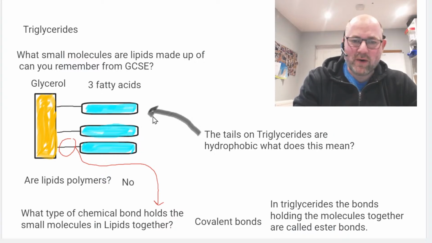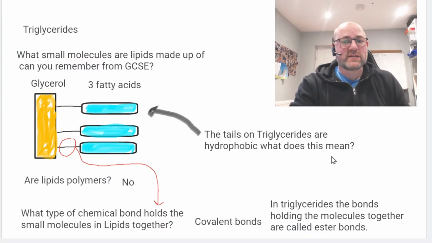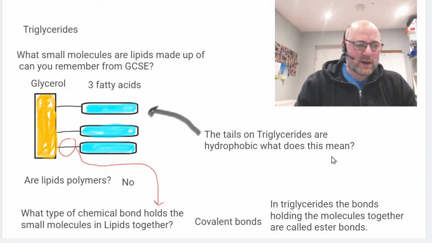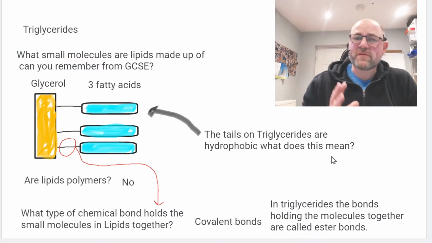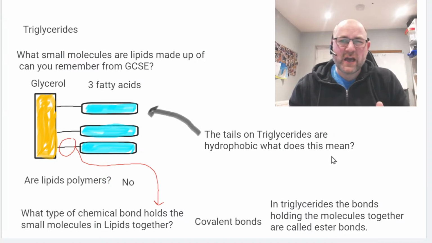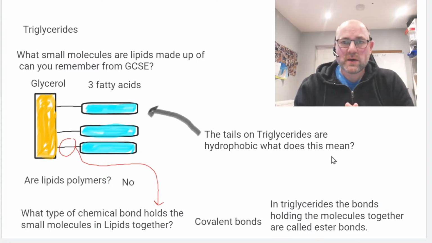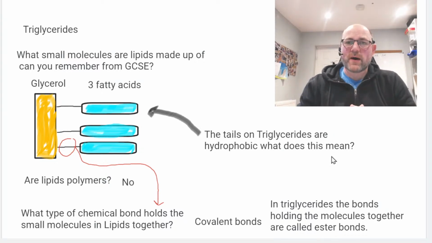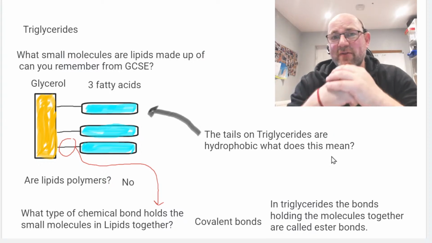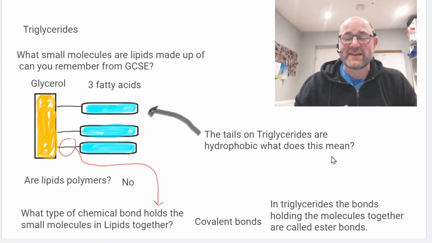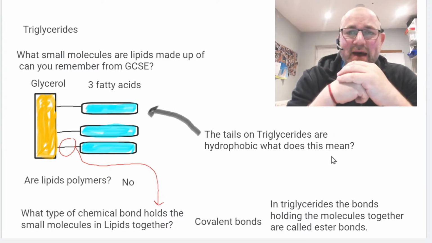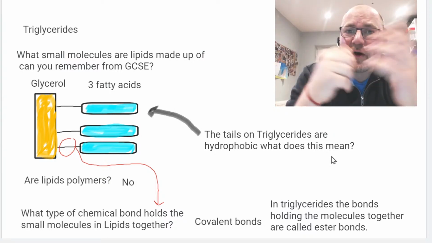Now the tails of triglycerides are hydrophobic, and what does hydrophobic mean? Hydro, what does that remind you of? Phobic, what does that remind you of? So my mum is an arachnophobic. She's scared of arachnids, spiders. And you can be a claustrophobic.